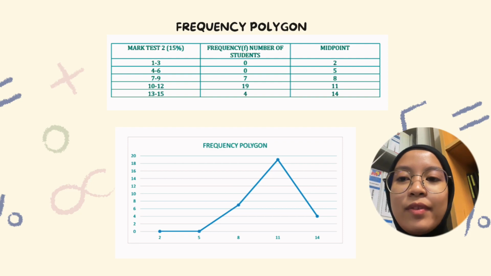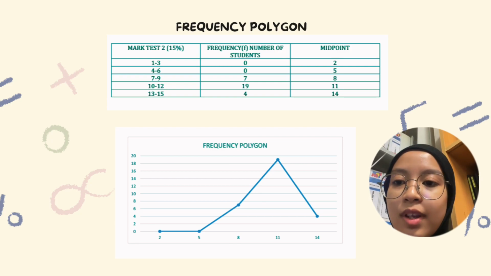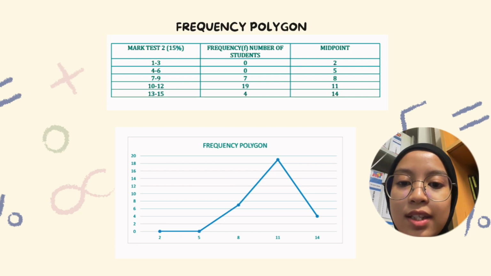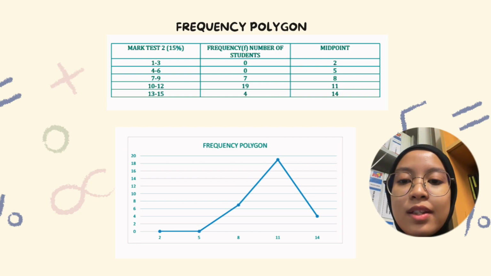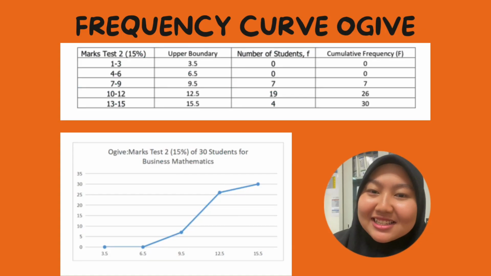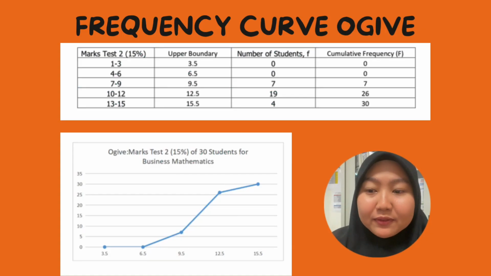We move on to the frequency polygon, with midpoint as the x-axis and frequency as the y-axis. The graph shows the highest frequency is 19 with midpoint 11, and the lowest is 0 with midpoint 2. Okay, this is our frequency curve or ogive.